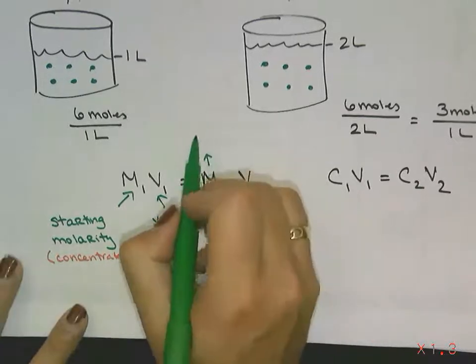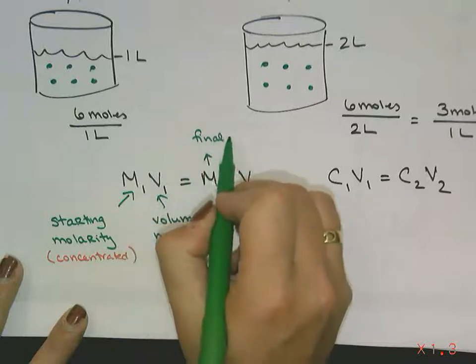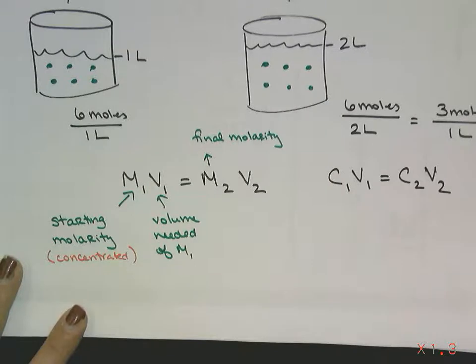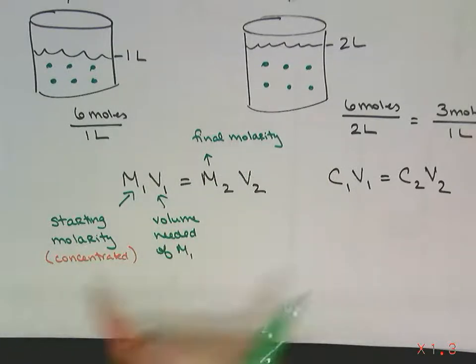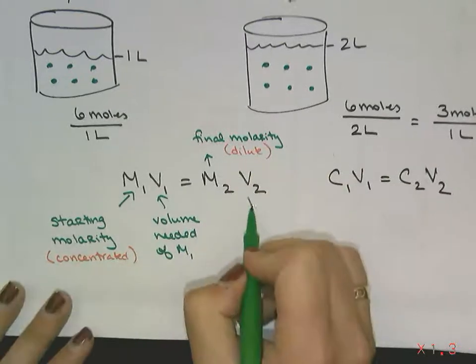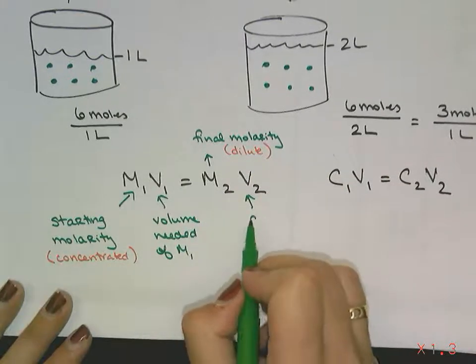M2 is the final molarity. This is dilute. And then this is the final volume.